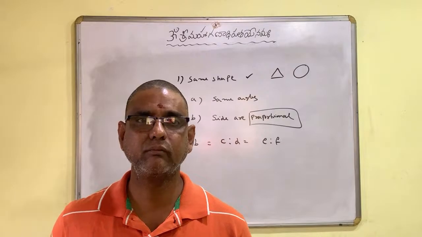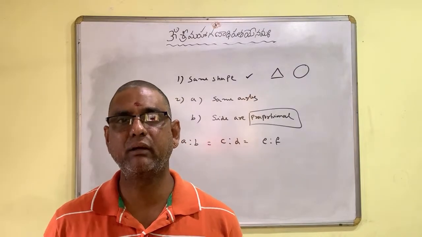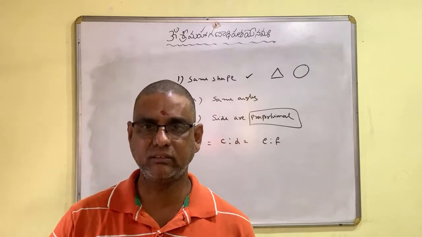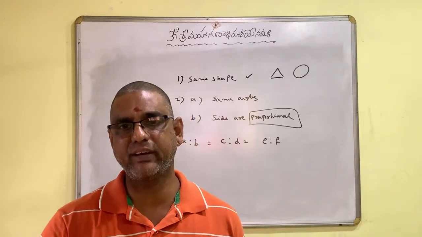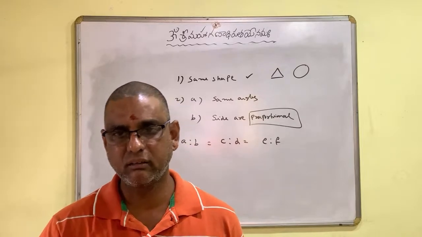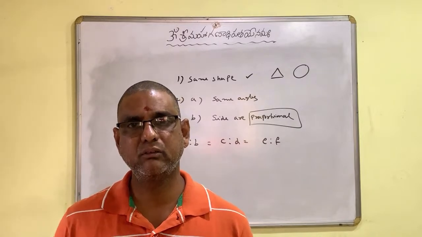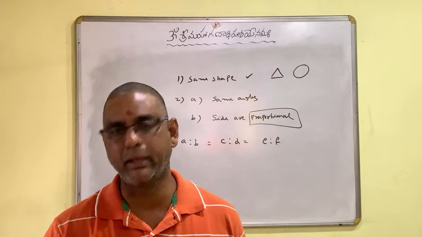No, because they don't have same shape. That means the first condition is not satisfied. Then how can we say that they are similar? Because they don't have same shape, we cannot compare the similarity between them.